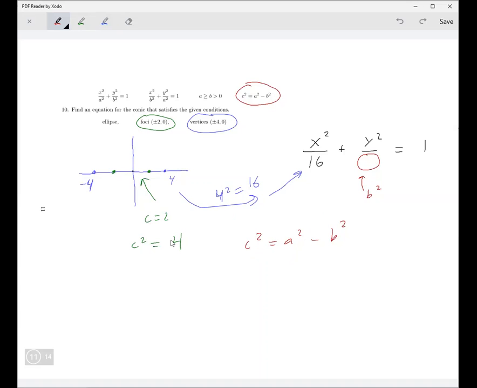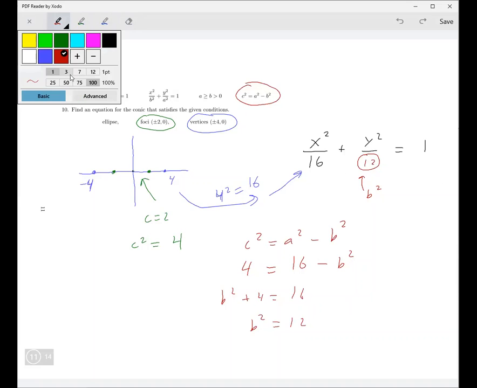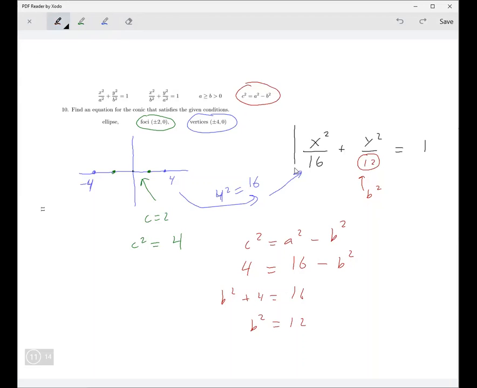And we know that c squared is 4, and a squared is 16. So bring the b squared over here, subtract 4, you get 12. So that's going to be 12. And so this is going to be our equation right here: x squared over 16 plus y squared over 12 equals 1. Any questions about that one?